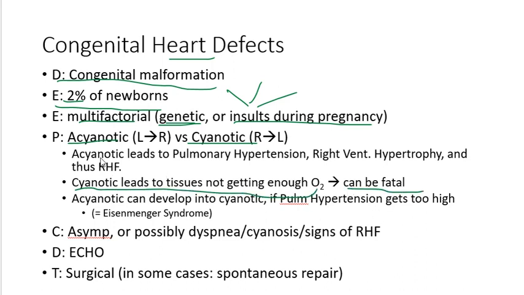Another point to mention is that an acyanotic heart defect, we'll follow that loop in a bit, but basically, just in theory, it can lead to pulmonary hypertension. This is because blood from the left heart, a very high pressure system, typically a higher pressure system than the right heart, very normally 5 times higher than the right heart, goes to the right heart. The right heart can't handle that pressure, and also it can't handle that increase of volume.